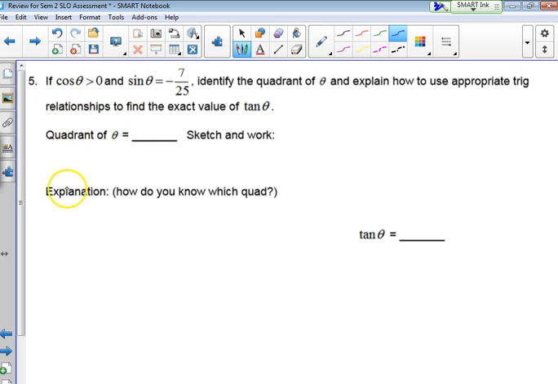Read this one. Tell me what you want to try. You do have to have some kind of explanation for this question, and there are several different things you could use. How do you decide what quadrant? Which means positive, yes. And it says over here, sine is negative.